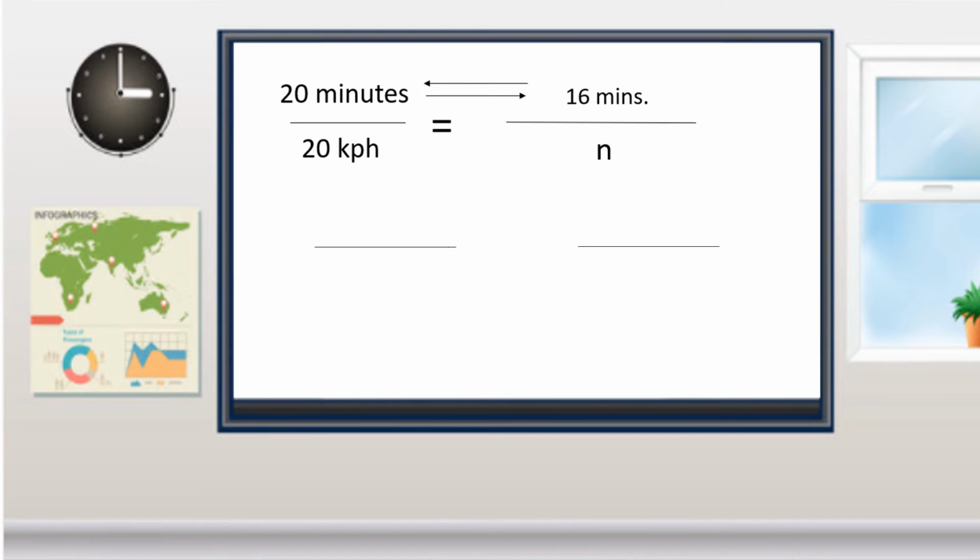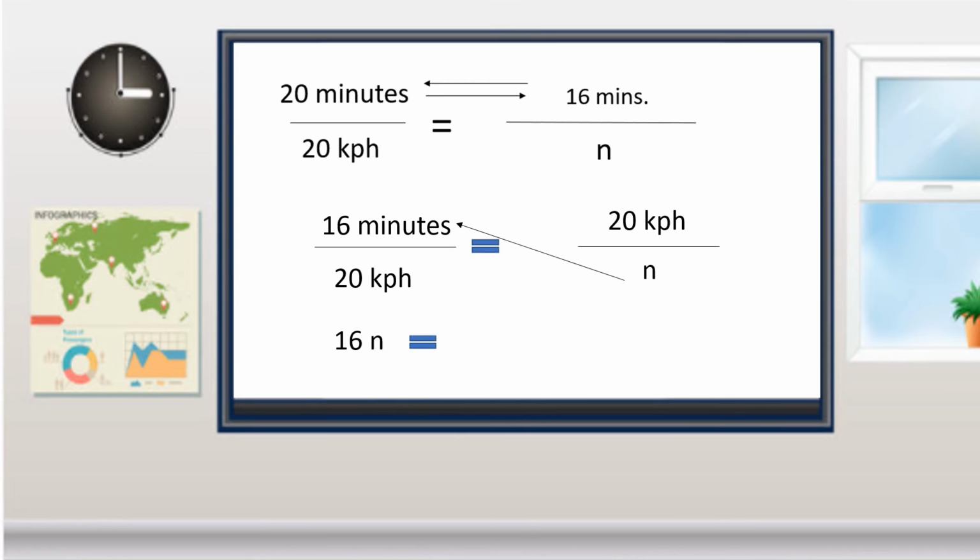Okay? So, we have 20 km per hour, 16 minutes on the left, and on the right, we have 20 km per hour equals n. So, we're going to cross multiply. So, 16 minutes times n, 16n, is equal to 20 km per hour times 20 minutes.